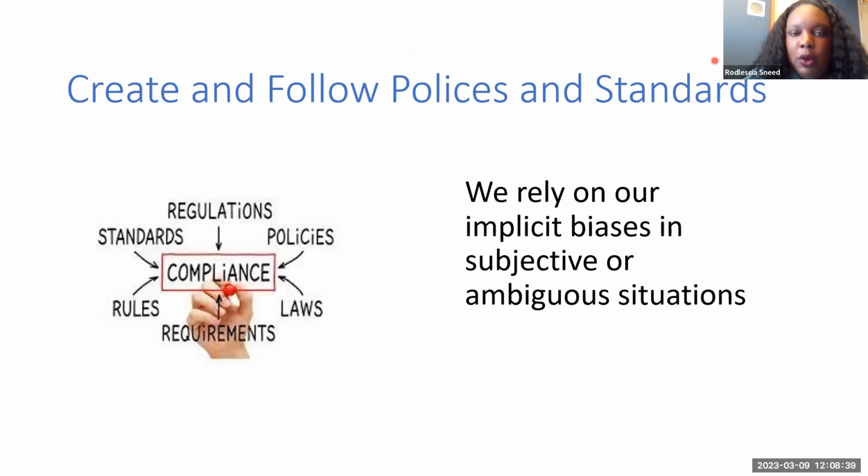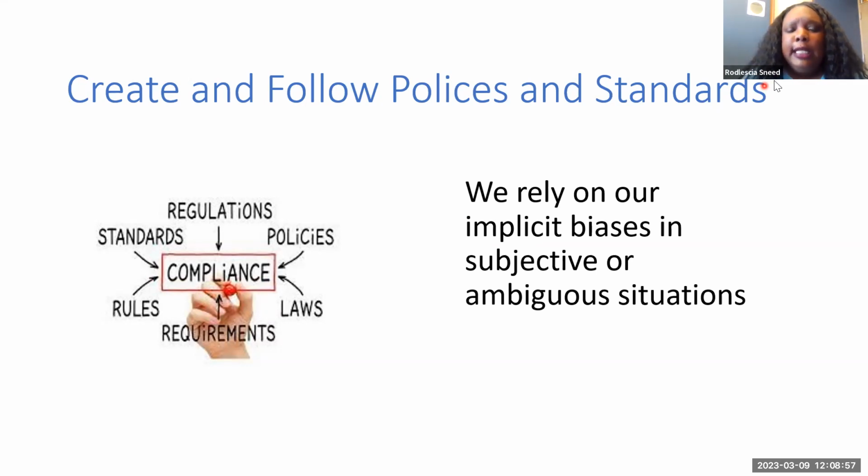And then also on the institutional level, another recommendation is to create and follow policies and standards. What we know about implicit bias is that we tend to rely on this bias when we're in situations that are subjective or ambiguous.